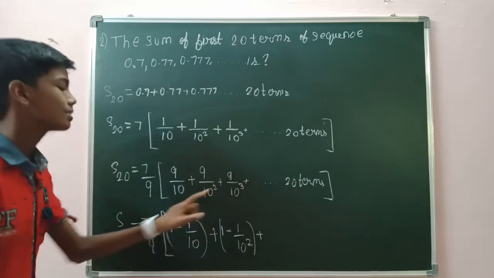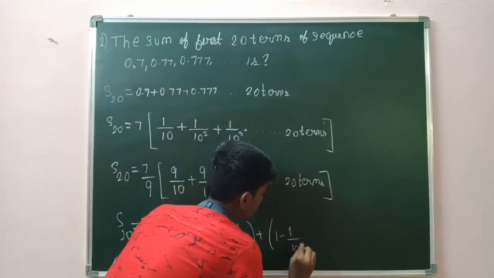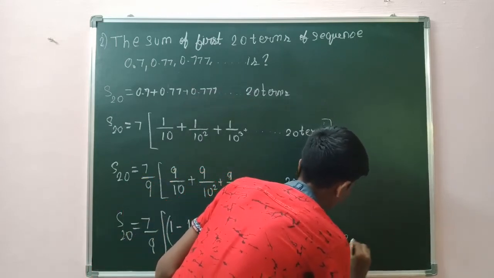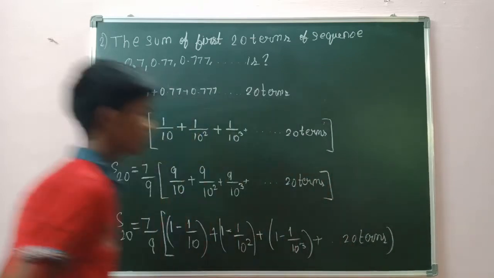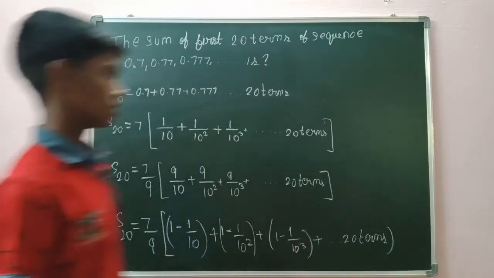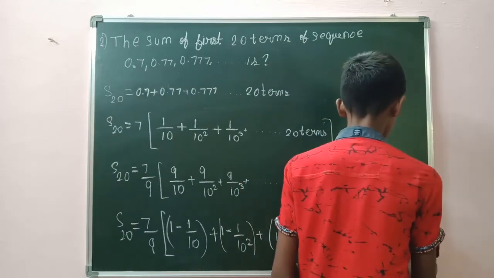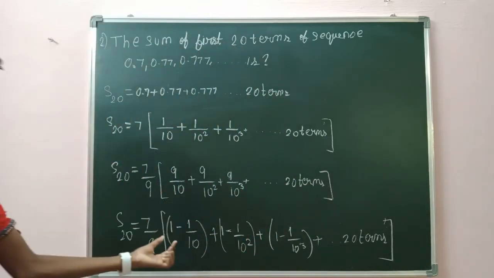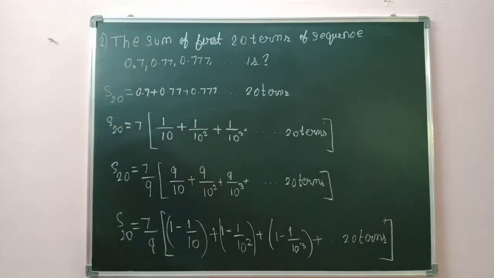Same like that, I can write this 9 by 10 cube as 1 minus 1 by 10 cube. Like that it's going on up to 20 terms. I'm just writing each and every term as 1 minus something. So 9 by 10 is 1 minus 1 by 10, 9 by 10 square is 1 minus 1 by 10 square, 9 by 10 cube is 1 minus 1 by 10 cube. Very simple. Anyway, I will get the same series.